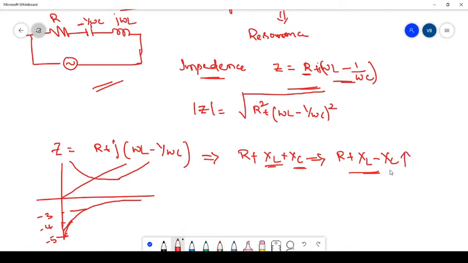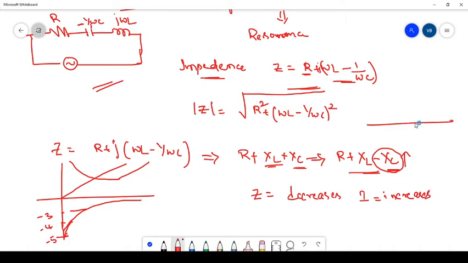So whenever the XC value increases, the negative part of our impedance increases. What about Z here? The Z value will decrease. And whenever Z decreases, what about the current? The current will increase, up to the cutoff frequency.